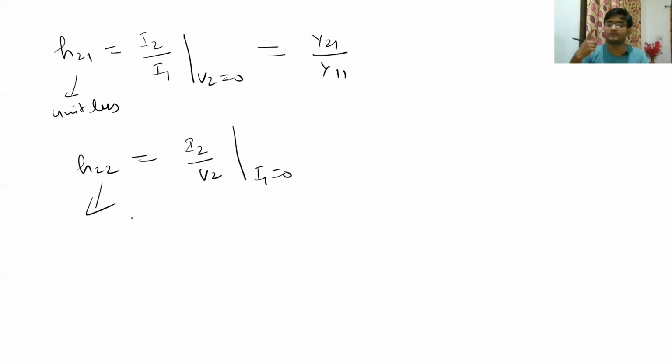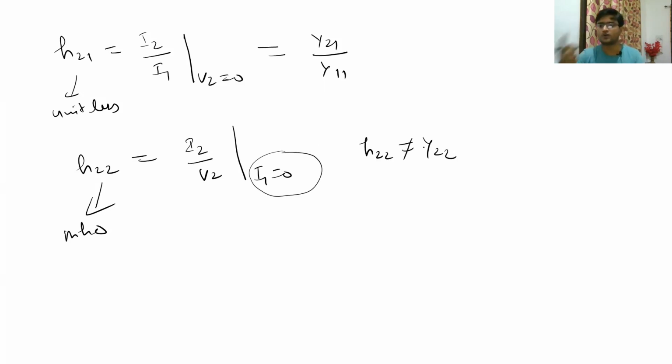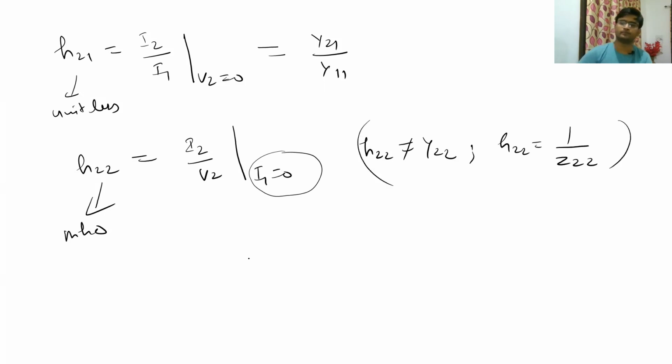This is basically representing admittance, so its unit will be mho, right? And since this is an open circuit parameter, H22 is not equal to Y22, because Y22 is a short circuit parameter. So we can say that H22 is basically 1 upon Z22. Clear? Because Z22 is an open circuit parameter.